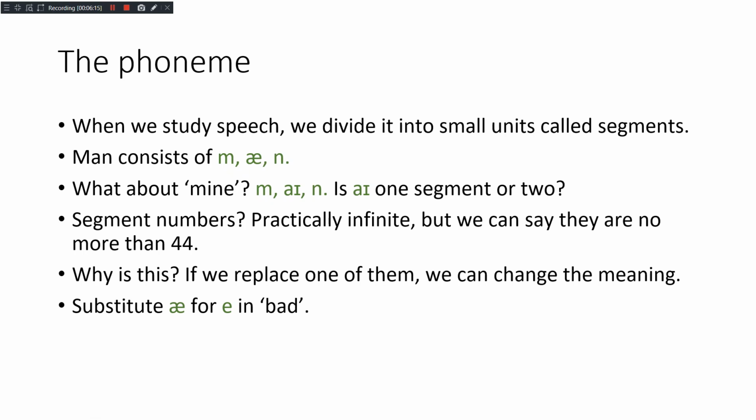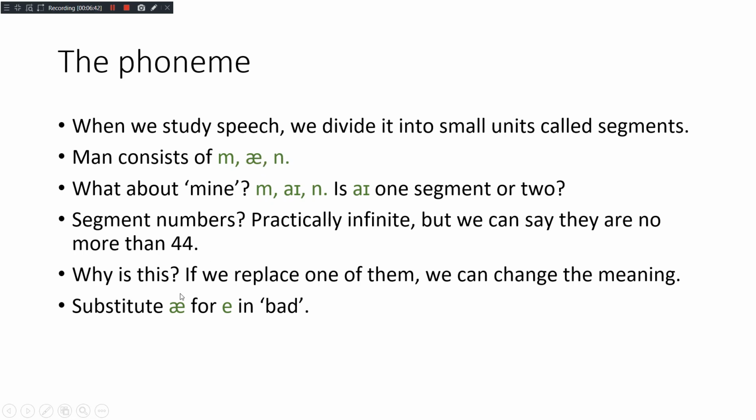If we change n here in the word man, what happens? Let's change it to p. It becomes map. Man and map are different words. So because the change of the segment or the change of the sound unit changes the meaning of the word, then n and p are different from each other.